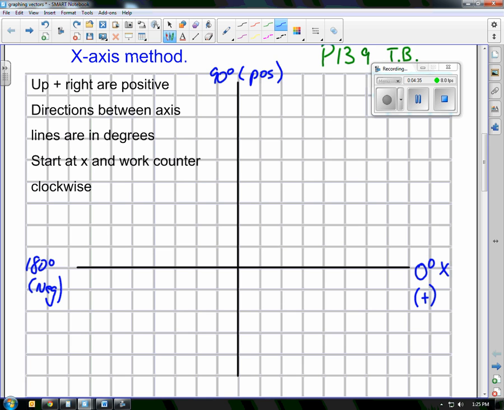And when you graph using this method, your degrees go around in a counterclockwise direction. So I'm going to put a little check mark right there. You start at the x-axis and work counterclockwise. The other thing to remember in this method is directions that are up and to the right are considered positive directions, and if they go to the left or down, they're negative directions.